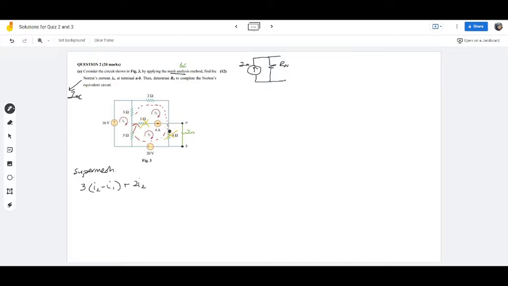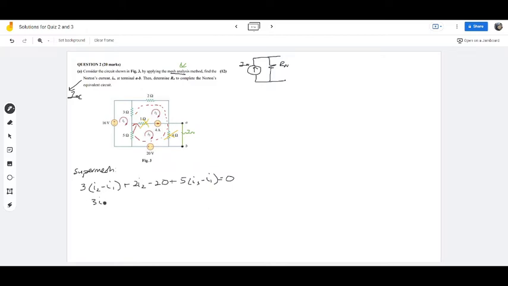Straight away I go this way, right? And then I see the minus 20, I see the minus sign first. Up here, plus 5(I3 minus I1) equals 0.